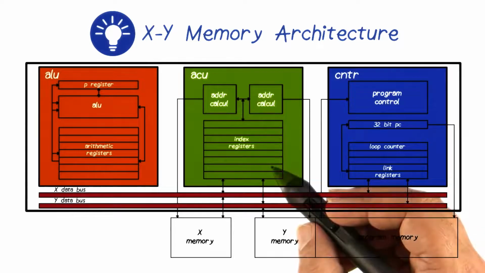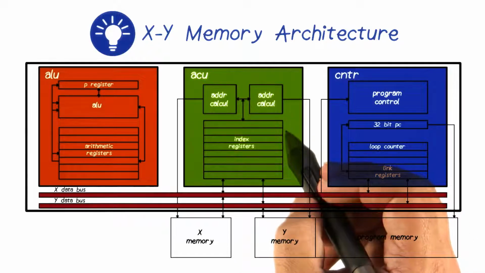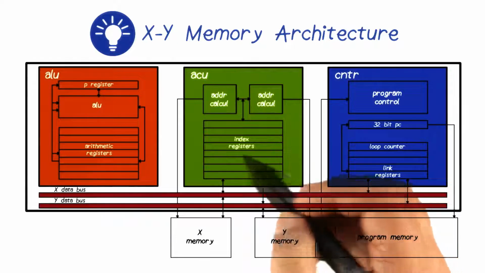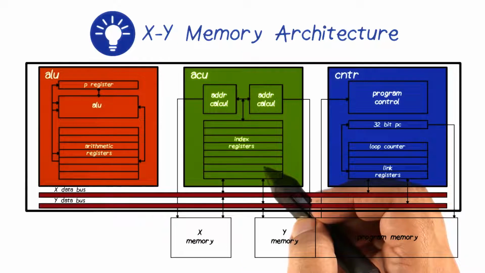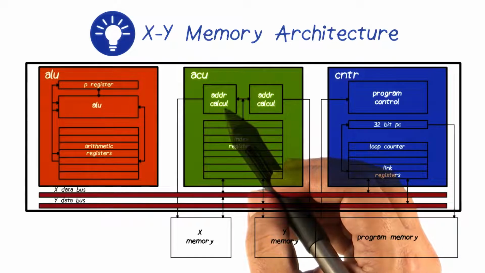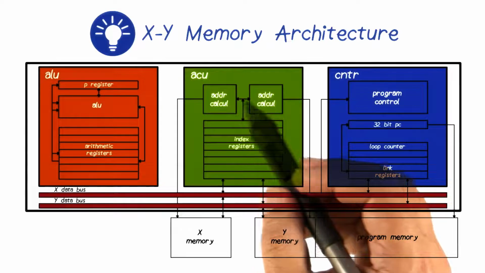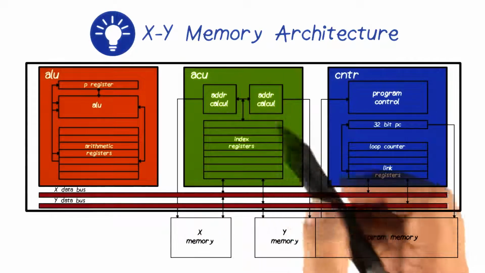Now this architecture also imposes certain restrictions. So the opportunity here is, if you are able to put one operand in X memory and the second operand in Y memory, you can parallelly access them in terms of loads or a load and a store or two stores. But if both the operands unfortunately end up in the same memory bank, such as both of them end up in X memory or both of them end up in Y memory, then the parallelization opportunity is lost.